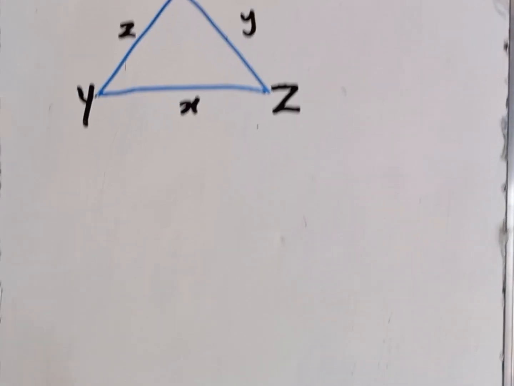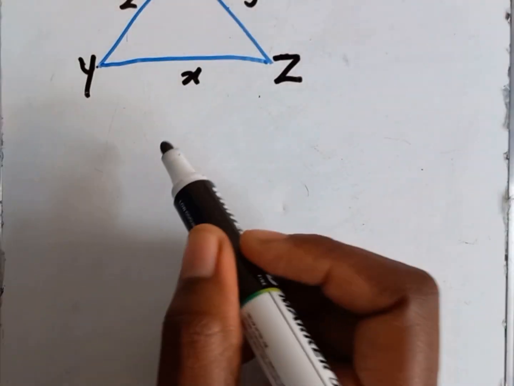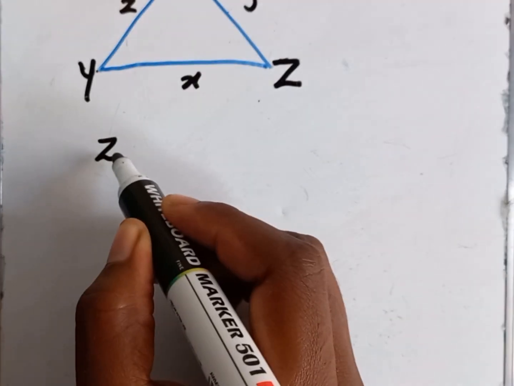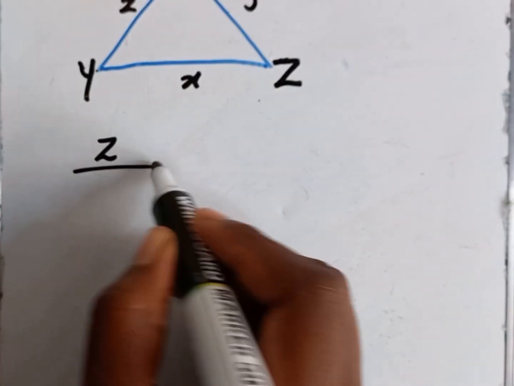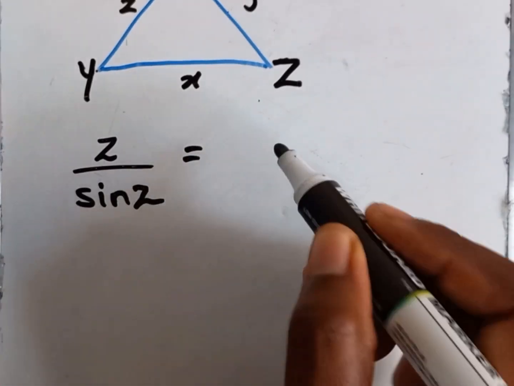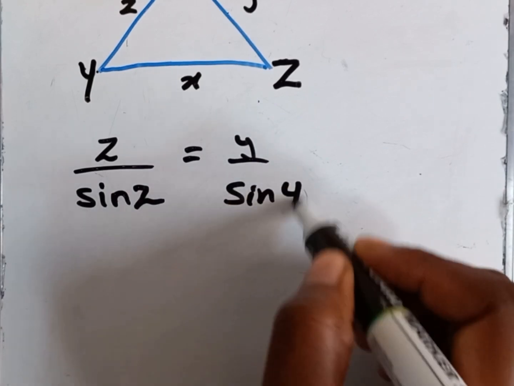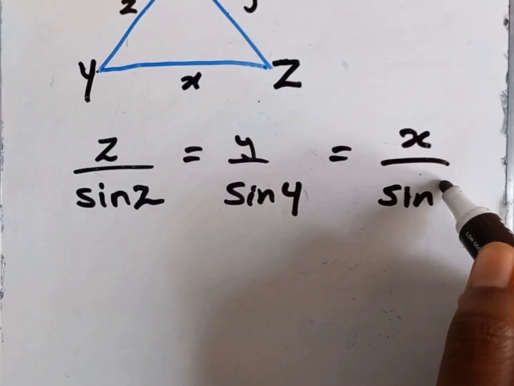So if you are to write the formula or our equation of finding the missing sides, we will be saying small letter z over sine z is equal to a small letter y over sine y, which is equal to a small letter x over sine x.